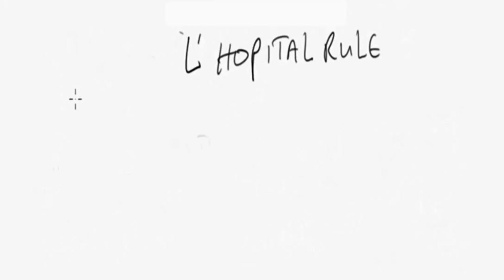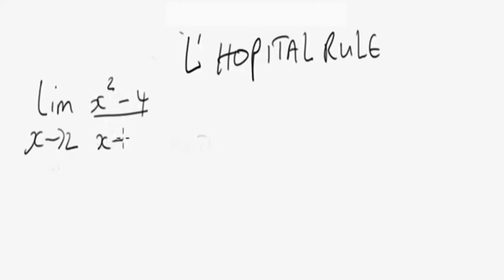L'Hopital's rule talks about differentiating the function before you substitute. Let's say we are given this example: limit x tending to 2 of (x squared minus 4) over (x minus 2).